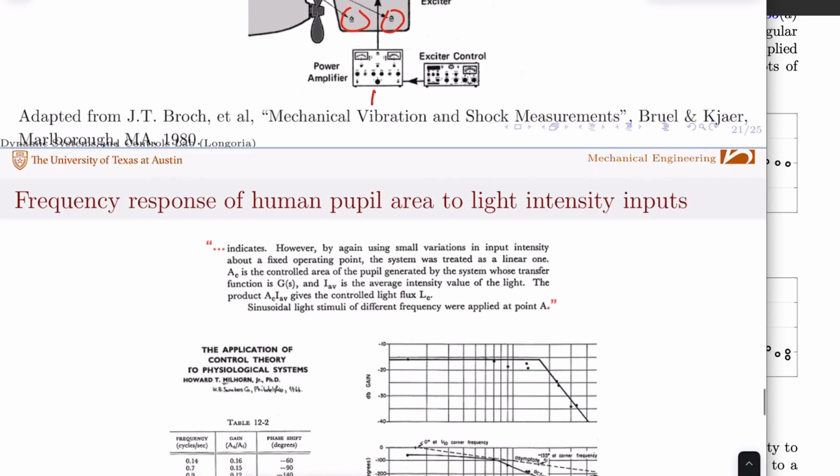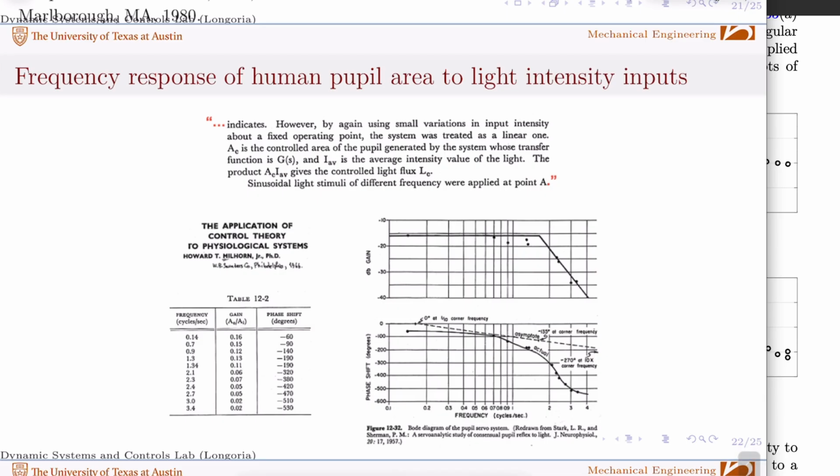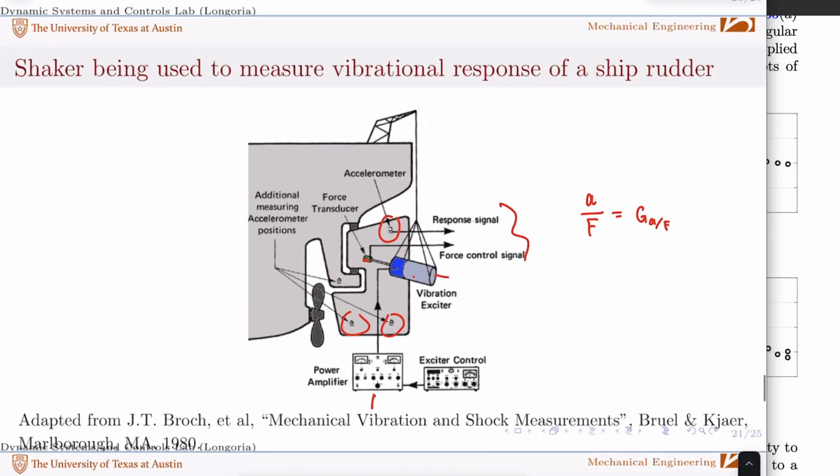And one last little example here, I might show a couple of others. Oh, and by the way, in here it might be sinusoidal inputs, or it's very common also that you might actually use random inputs. And what happens with random inputs is that you might be able to get power across all frequencies, and then you have to use spectral analysis techniques in order to get these kinds of functions.